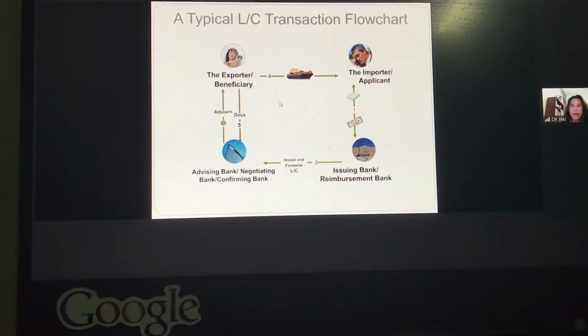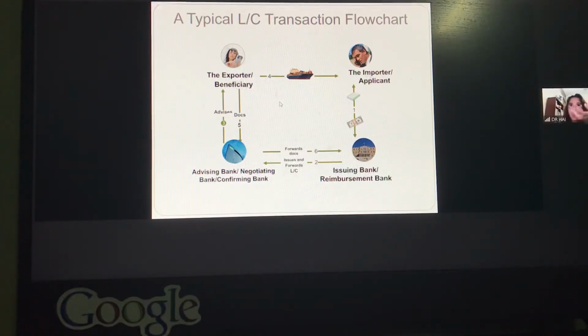At that time, no goods, but still have the documents to send to the bank, and in the end the issuing bank receives the documents by step number 6, and then the issuing bank has to pay if the documents are compliant.